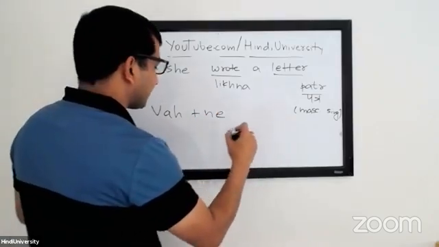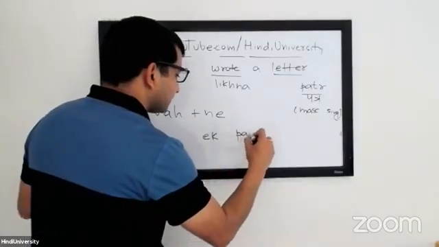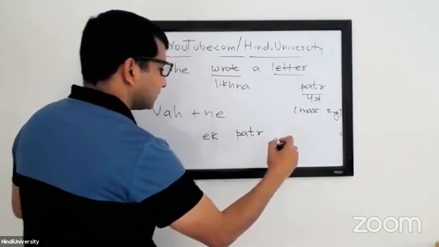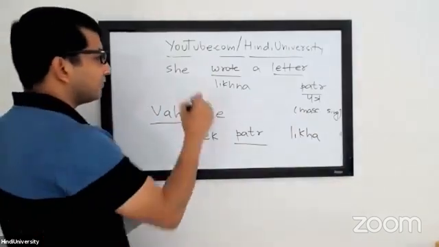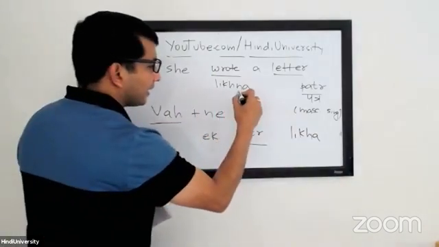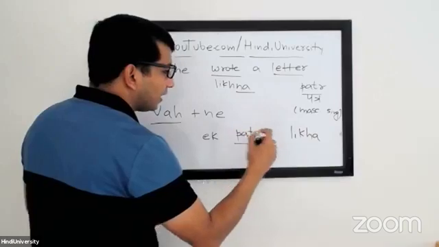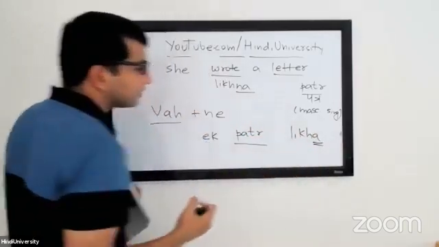एक पत्र. उसने एक पत्र. So we have to conjugate the verb according to what she's writing, which is masculine, so it's likha. The verb was likhna, and you are saying I remove the na and I put a here.